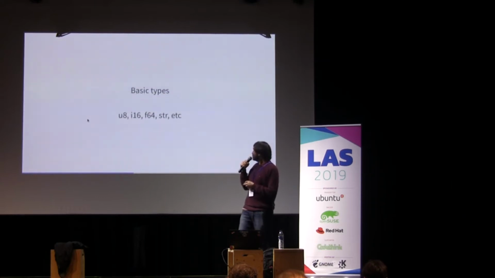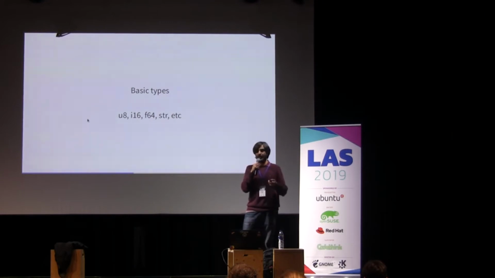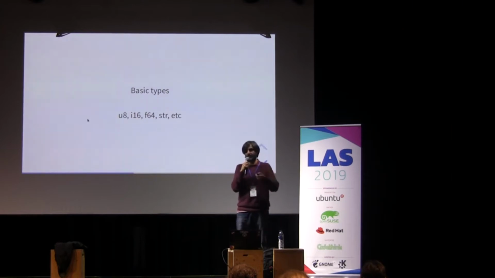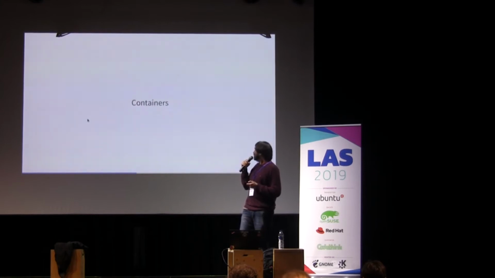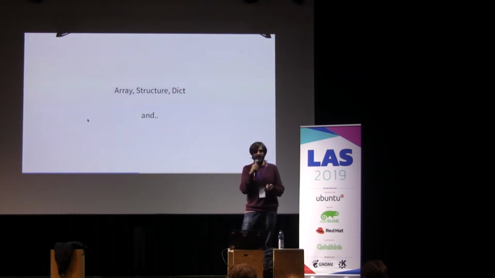And the basic types actually map quite nicely to the Rust basic data types. These are actually examples of Rust data types, and the ZBus data types are exactly the same. So that's easy. Containers are a bit more complicated. Array: in Rust we have a data type called vector.